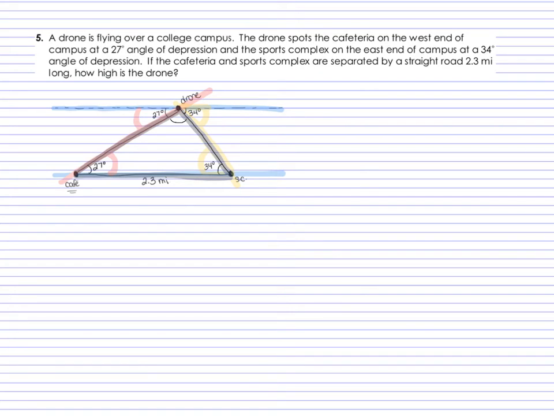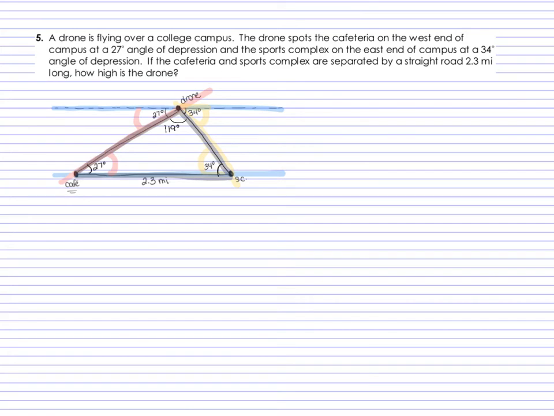All three of those are going to add up to a straight line, or 180, so we can subtract 27 and 34 from 180. Or we've got 27 and 34 inside, so we also know that we would subtract those from 180. So two different ways of looking at it. Either one is fine, but what we end up getting is that this interior angle is 119 degrees. However you want to look at it.